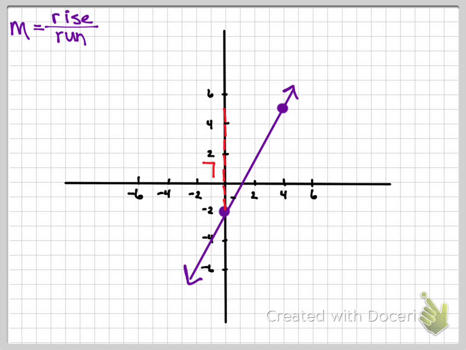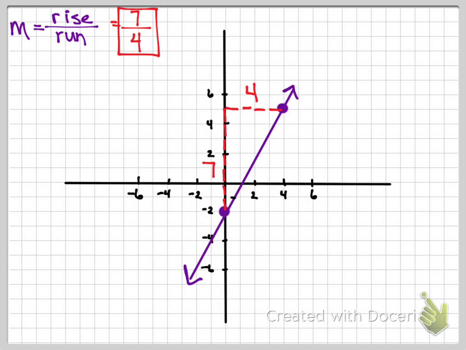I went over 1, 2, 3, and 4. Okay, that's how I know my slope. 7 over 4.